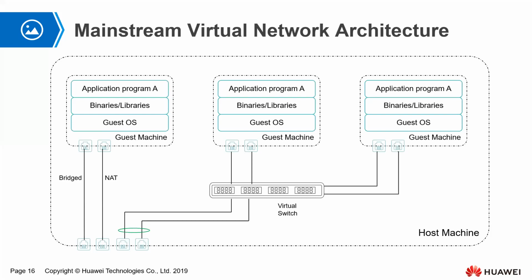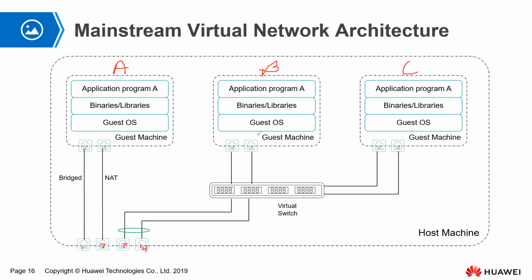Okay, so you can see here, we have our virtual machines inside our host machine. We have virtual machine A, virtual machine B, and virtual machine C. All of these are somehow connecting to our physical machine, which now has 1, 2, 3, 4 physical NICs.